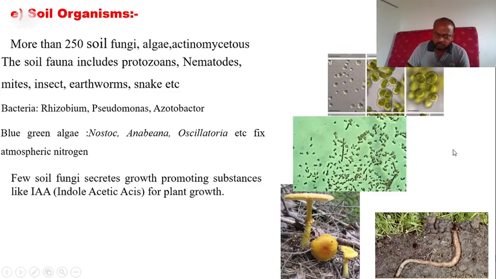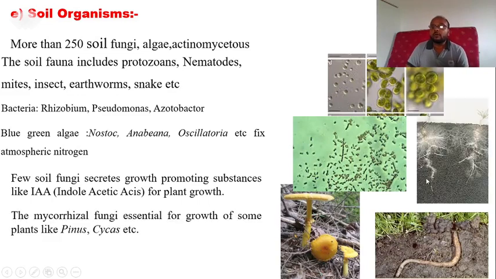There are a few soil fungi which secrete growth promoting substances like indole acetic acid for plant growth. There is also mycorrhizal fungi, and this is essential for the growth of some plants like Pinus and Cycas. In Pinus there is a mycorrhizal association between the root and the fungus.